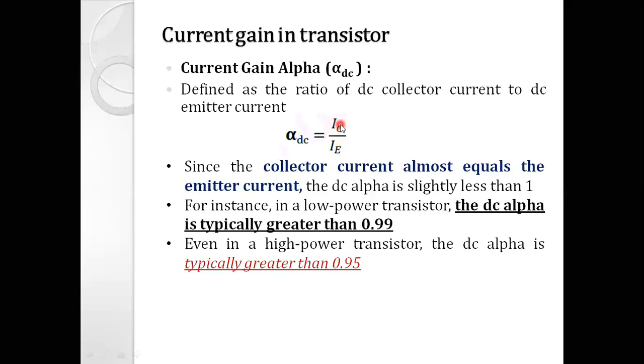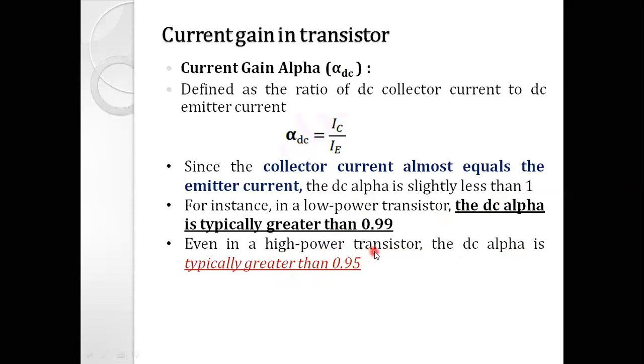So when we solve this ratio, the magnitude of alpha DC is typically near 1, right? So the DC alpha is typically greater than 0.99. That is the typical value. Even in a high power transistor, the DC alpha is typically greater than 0.95.